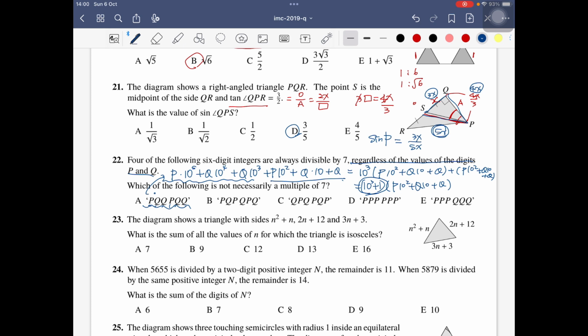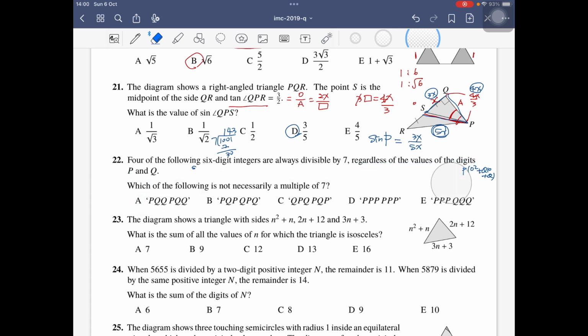So that one is 1001. Let's see, 7 times 143 is 1001. Okay, this is divisible by 7, so A is always divisible by 7. And let's go for B. PQ, PQ, PQ.